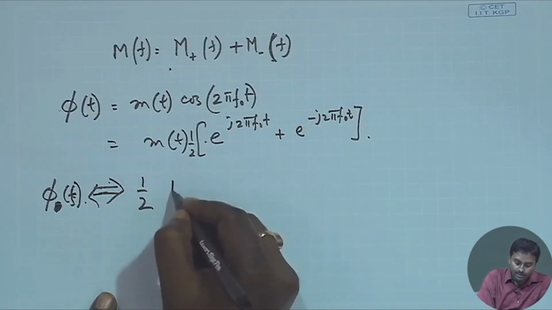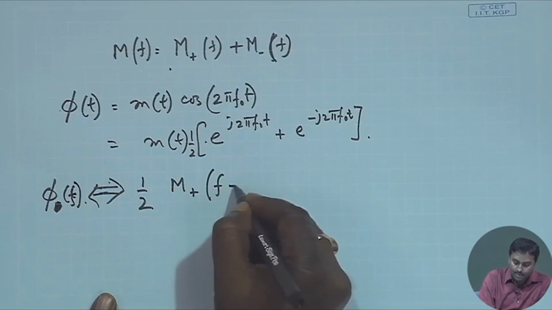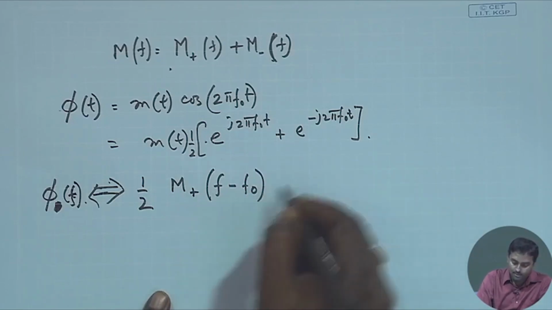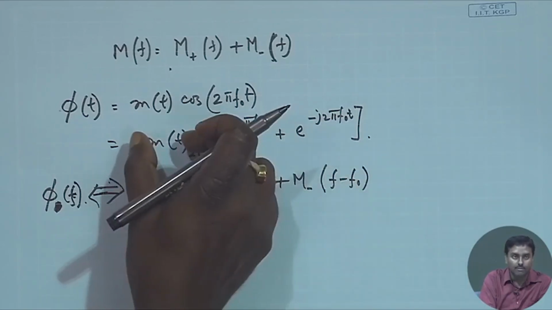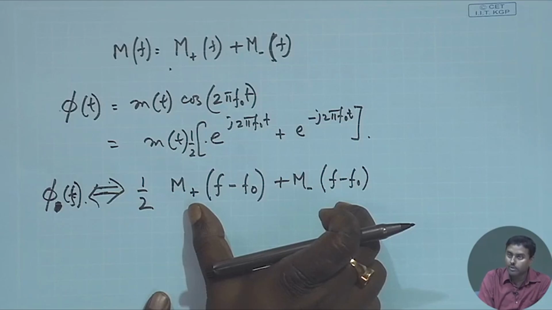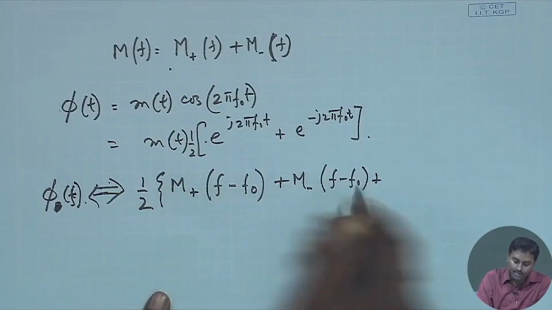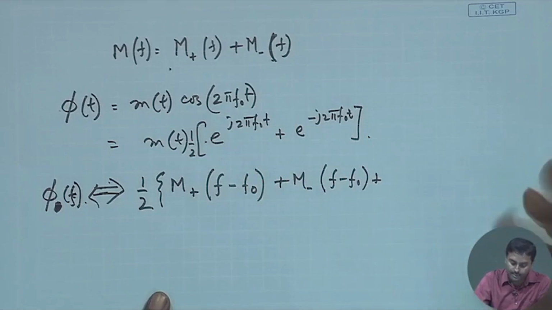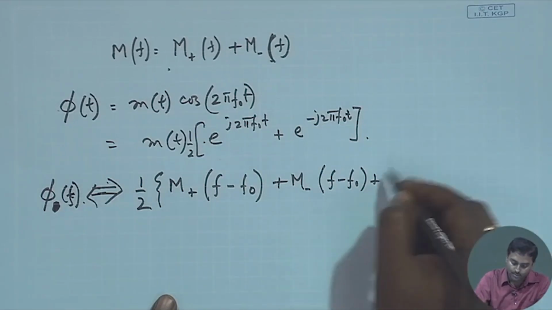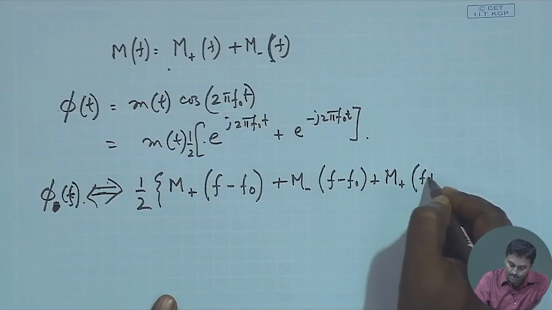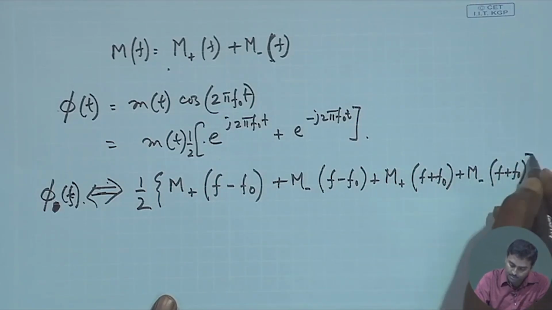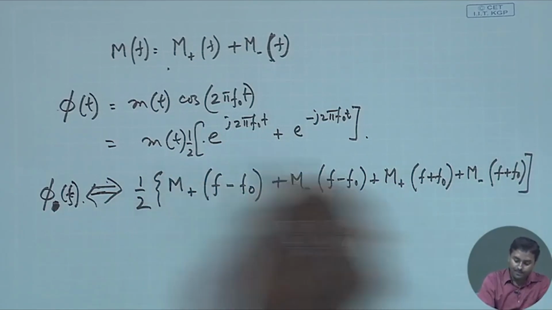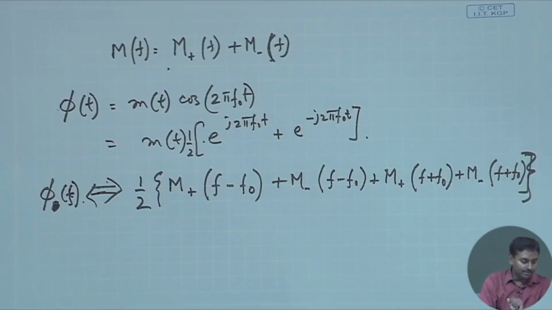So, if I write M plus (f minus f0) plus M minus (f minus f0), because that is the whole M(f), right, M(f) multiplied by this will produce these two terms, and M(f) multiplied by this will produce another two terms which will be at plus f0. So, M plus (f plus f0), M minus (f plus f0), right. This is fine. So, we get this phi(f), all right.